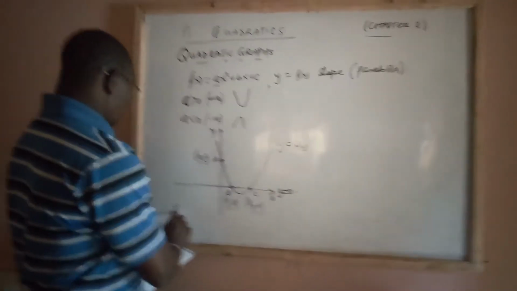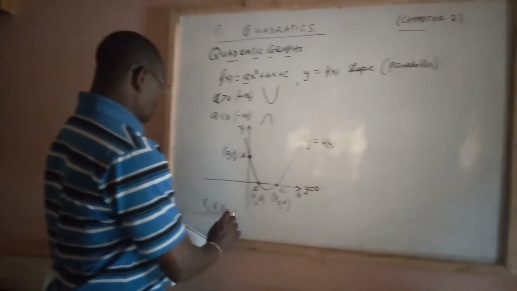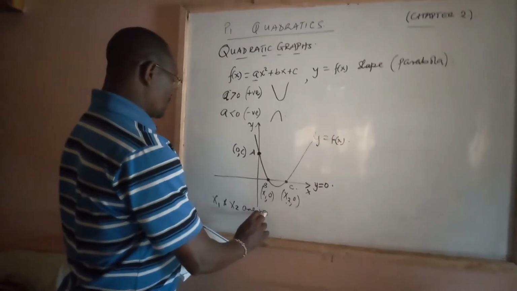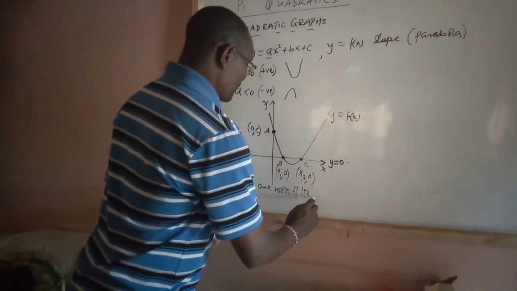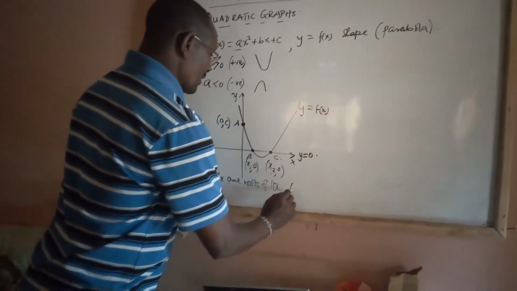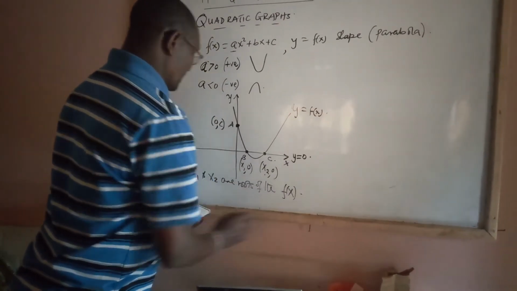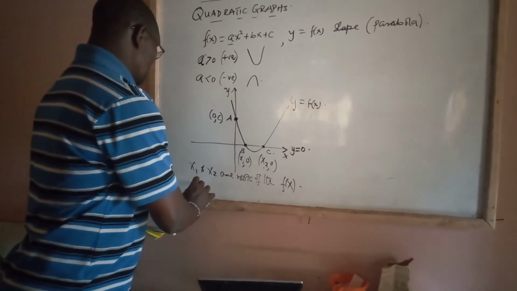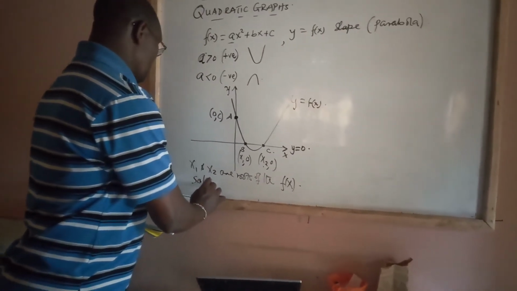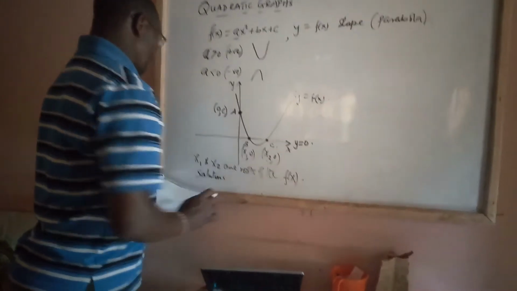So x1 and x2 are roots of the function f(x). Some books will call them solutions, which is still quite all right.